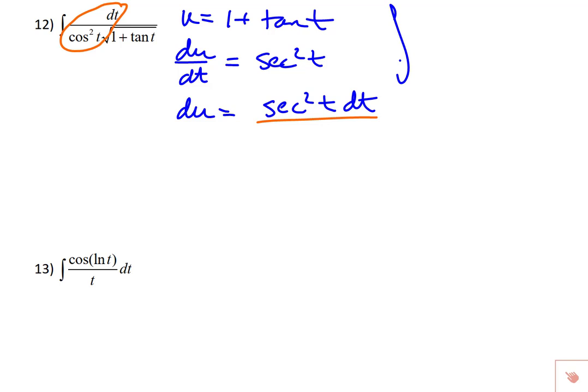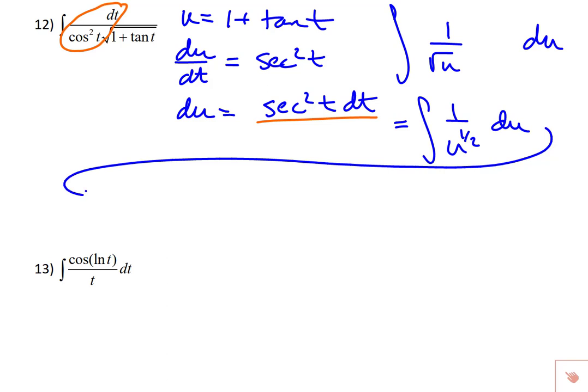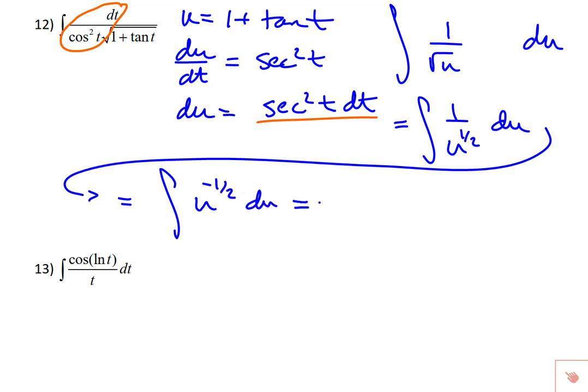So let's restart this integral as du, which is replacing the dt over cosine squared of t as we just said, which means all we have left is 1 over the square root of u. That will rewrite as 1 over u to the 1/2 du, which is really the same thing as the integral of u to the negative 1/2 du.